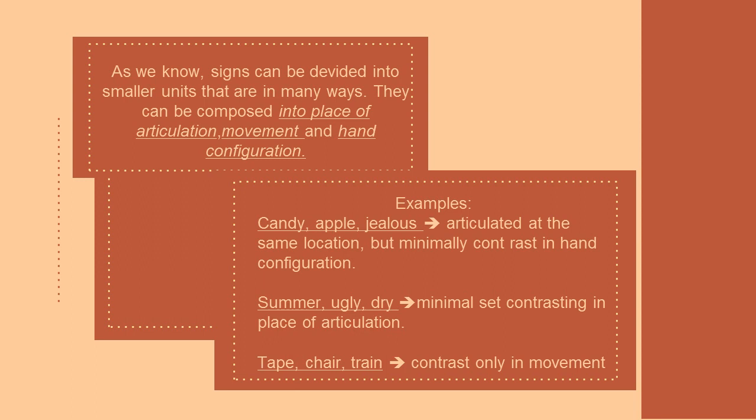Summer, ugly, dry is a minimal set contrasting in place of articulation. Tape, chair, train contrast only in movement. The next will be explained by Kelvin.